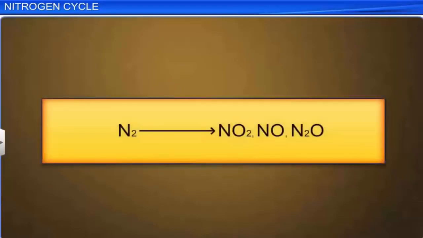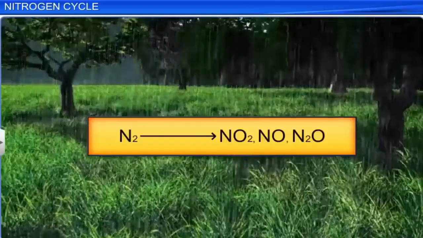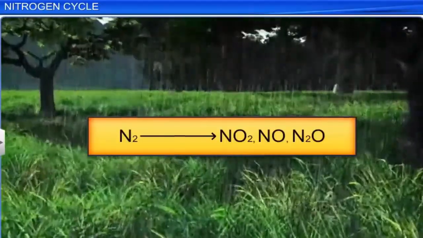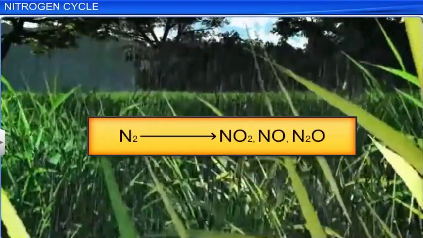In nature, elemental nitrogen is converted into oxides with the help of electrical nitrogen fixers such as lightning, thunder, and ultraviolet radiation. Some of these nitrogen oxides are brought to Earth by precipitation as rainfall.